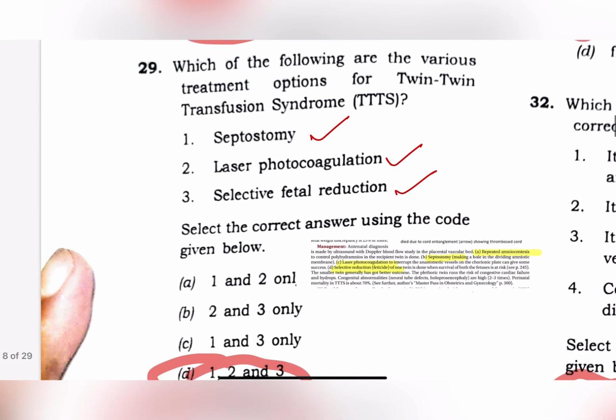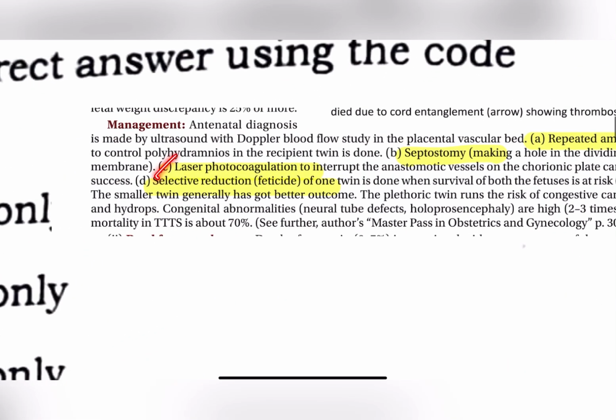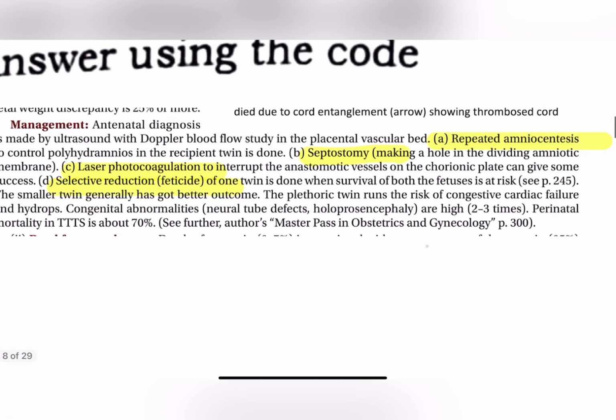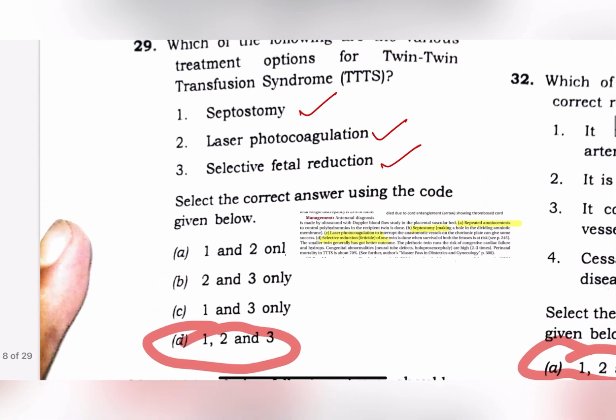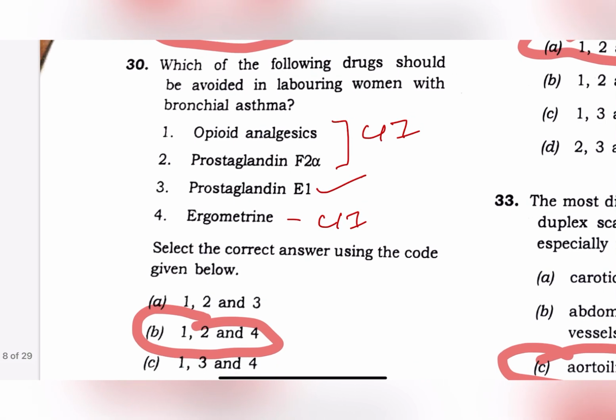In question 29, they are asking which of the following are the various treatment options available for Twin-Twin Transfusion Syndrome. First is laser photocoagulation, second is selective reduction feticide, third repeated amniocentesis, and fourth is septostomy. So the answer for this, all are true. Next is which of the following drugs should be avoided in laboring women with bronchial asthma.